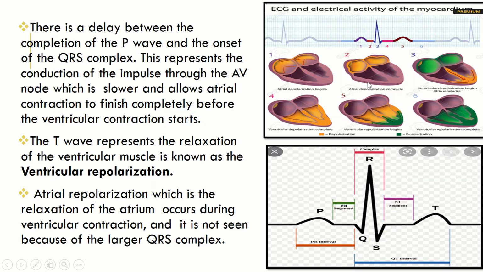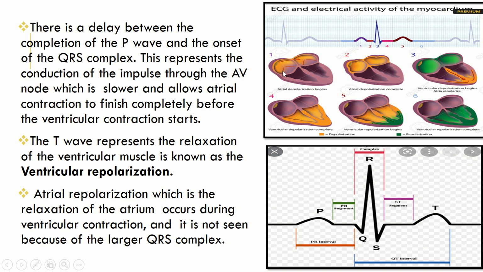There is a delay between the completion of the P wave and the onset of the QRS complex. Here you can see that after the completion of the P wave and before the start of the QRS complex, there is a delay. This represents the conduction of the impulse through the AV node, which is slower and allows the atrial contraction to finish completely before the ventricular contraction starts.